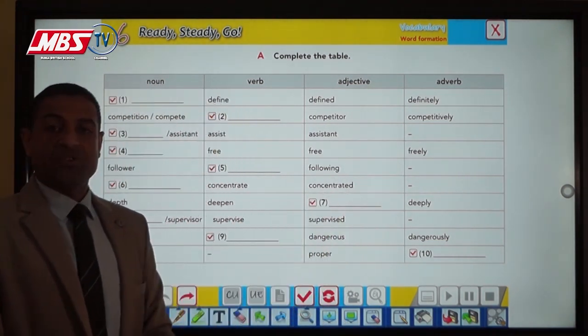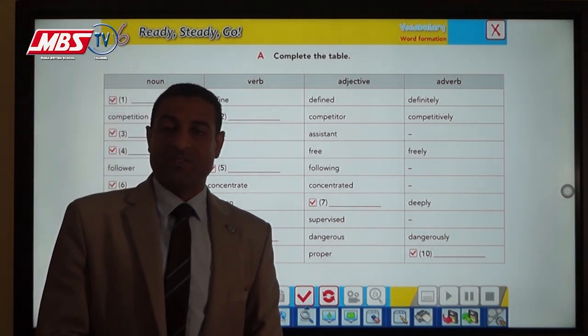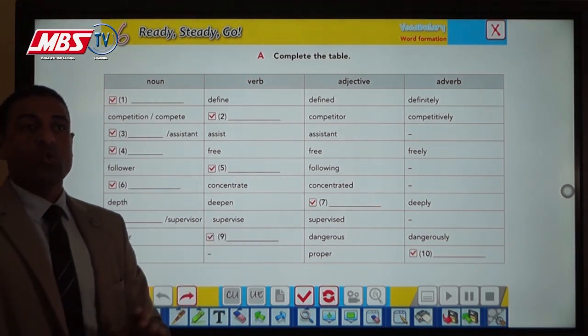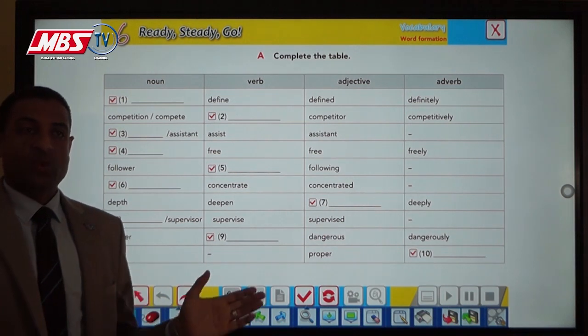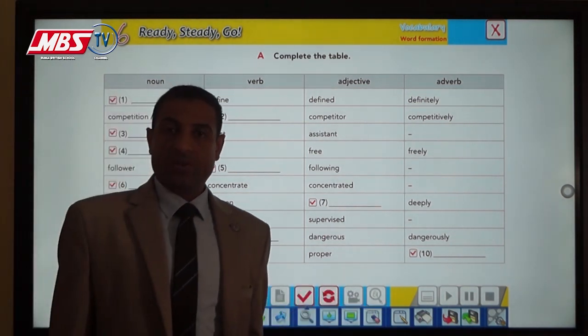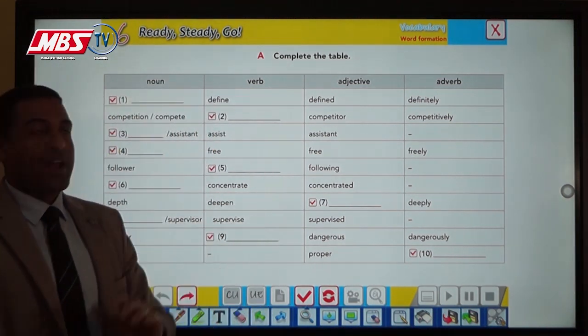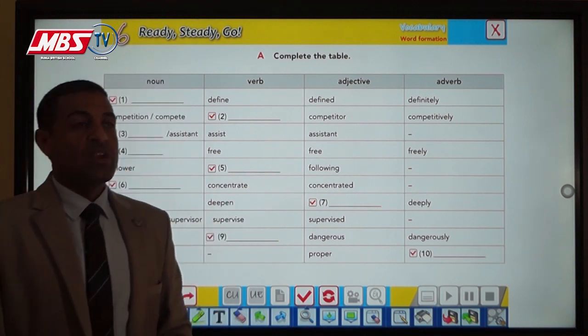So, if I want to answer this question in a correct way, I have to check the sentence first. What is missing in this sentence? Which form is missing? Is it a noun, a verb, an adjective, or an adverb? You have to be careful for this one.